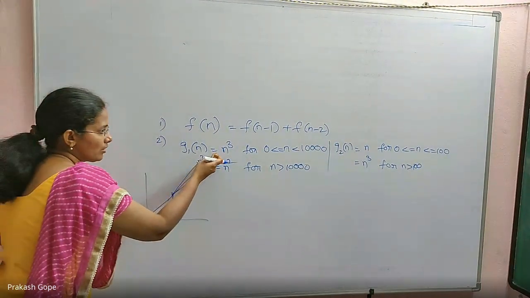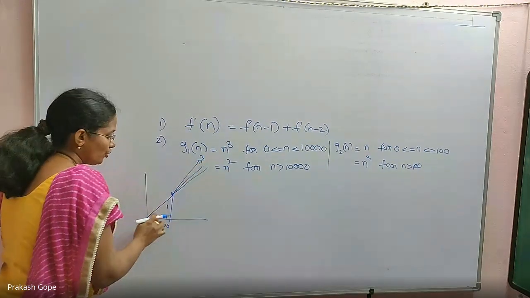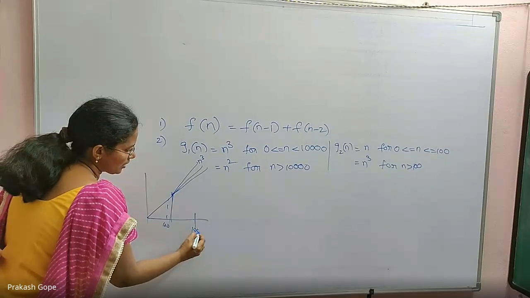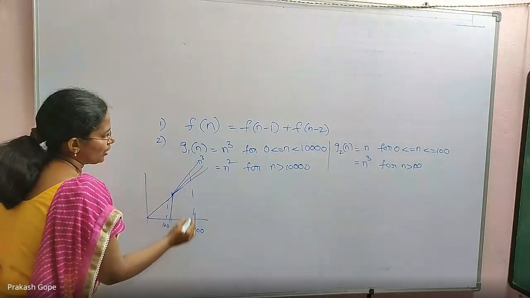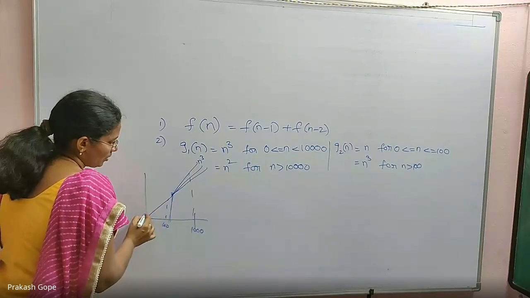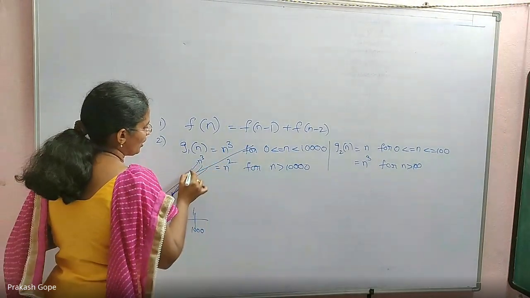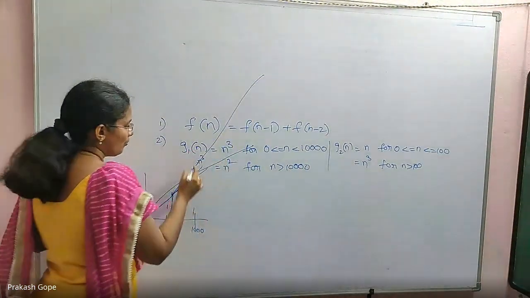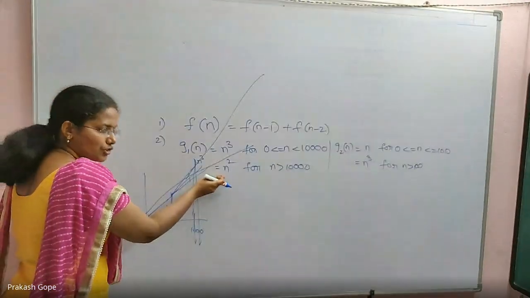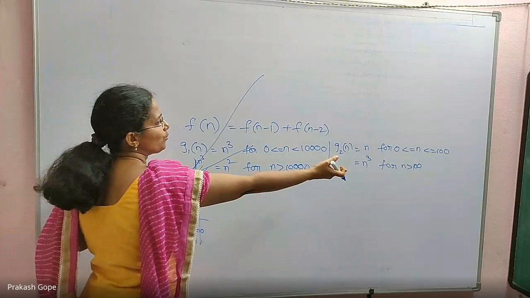But for g1, for some time it is n cube, going like this. But after 10,000, for example, if this is 10,000, from here onwards the g1 function comes to n square, while g2 is growing like n cube. From this natural number onwards, g1 is just an n square function, but g2 is an n cube function.